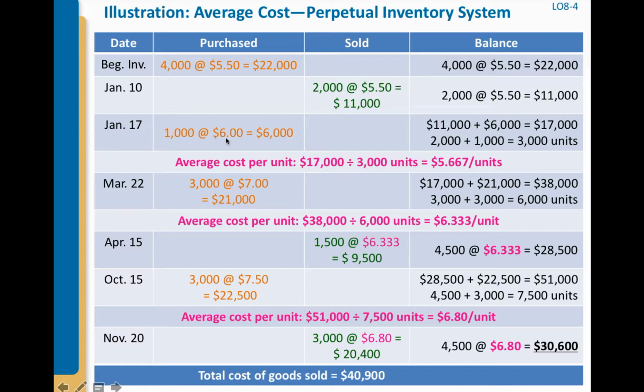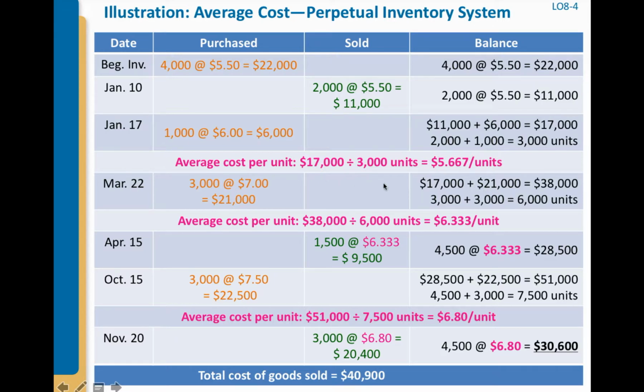We add another 1,000 at $6 per unit, and so we average this with the new units that we brought in. So we're adding the total costs there, total units, and divide, and that gives us a new average cost of 5.667 per unit. Then we bought some more, and so we're going to recalculate again.